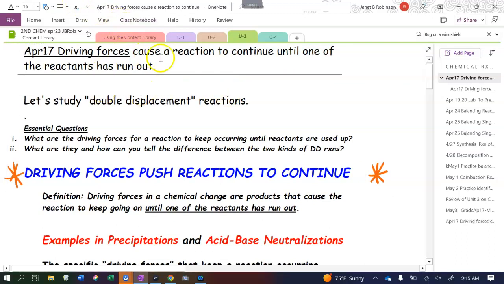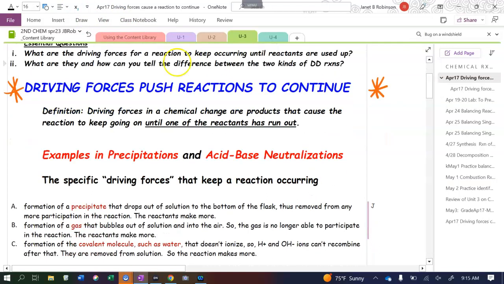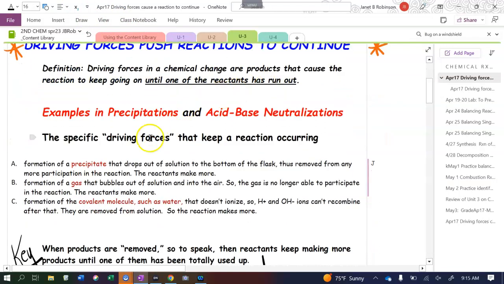So, driving forces cause a reaction to continue. This was our first assignment. I gave you examples, the 3 things that commonly cause a reaction to continue. All of them remove a product from solution. Precipitates drop to the bottom out of the solution.